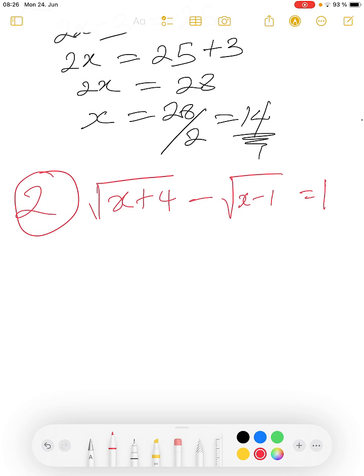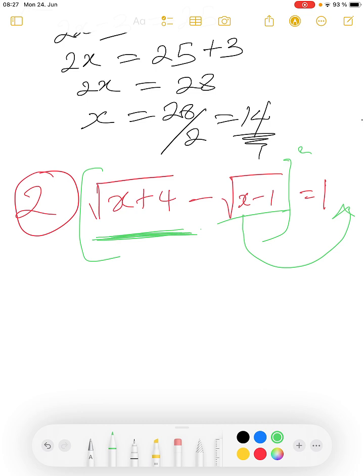But before we do that, squaring it like this will be more complicated to expand than if we move this part to this side and then square, so that we can find it easier to treat. So having said that, we will need to move this to this side.